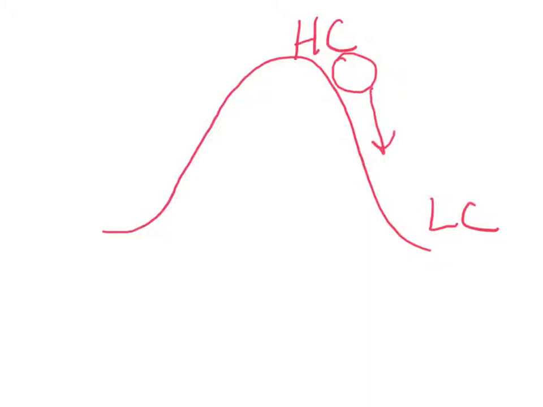It's going to move towards low concentration. So all molecules want to move from high concentration to low concentration. You don't have to do any work to make them move. Just like you didn't have to do any work to make the iodine move across the bag. You didn't have to do any work for the water to move out or into the potato. It happened on its own without any energy. And this is what diffusion is.